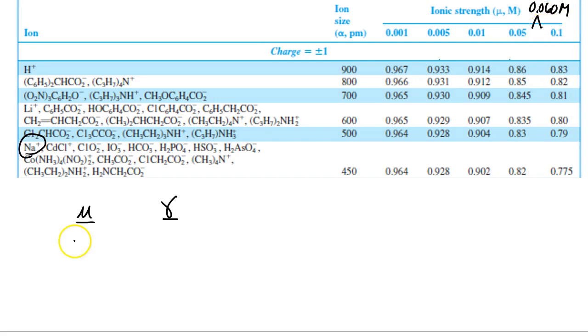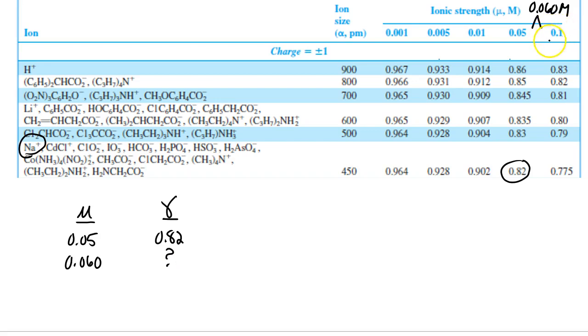So in our case, that would be 0.05. The activity coefficient of sodium at 0.05 is 0.82. Then I write down our missing ionic strength, which is what we have, 0.060, and that's what we want.